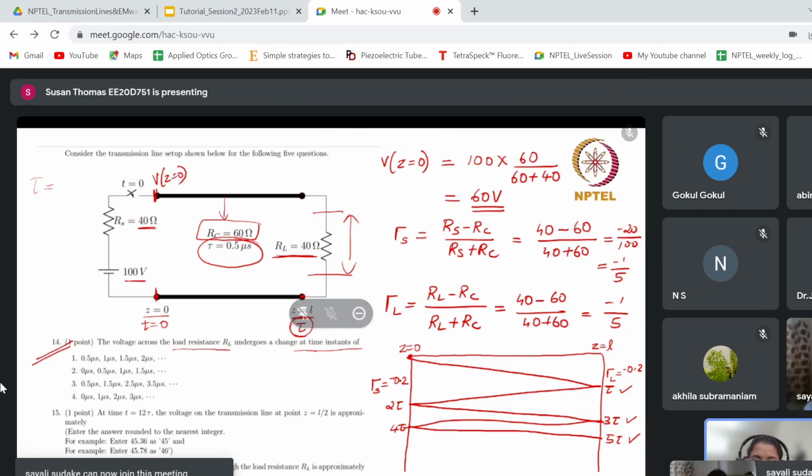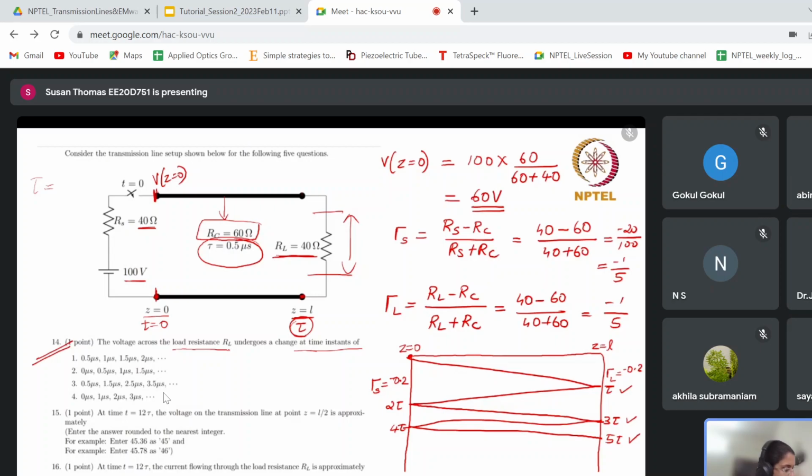So yes, option 3 is 0.5, 1.5, 2.5, 3.5. Yes, right. So this is the right answer: at the time instants tau, 3 tau, 5 tau, 7 tau, etc., the voltage across the load resistance RL changes. If there are any doubts with this, please do ask. If there is no doubt, we'll go ahead to the next part of the same question.